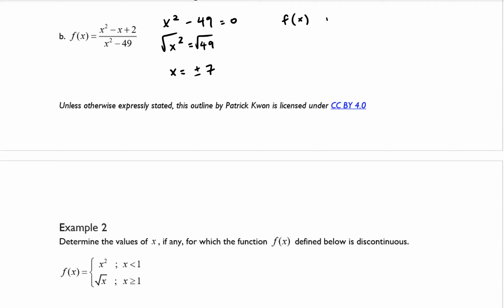Therefore, we would say that f of x is continuous for all x such that x does not equal positive or negative 7. So that is our answer for example 1b.